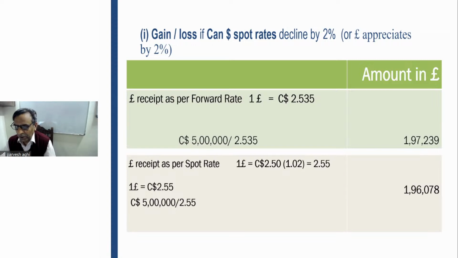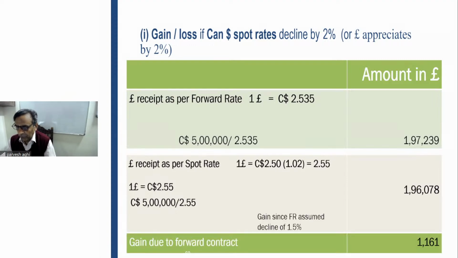Now, if the receipt is as per the spot rate, the spot rates are such that the pound has appreciated by 2%. So that means 2.5 into 1.02. So £1 will go up to 2.55. Okay. So if we now convert the Canadian dollars into British pounds, we get 1,96,078.